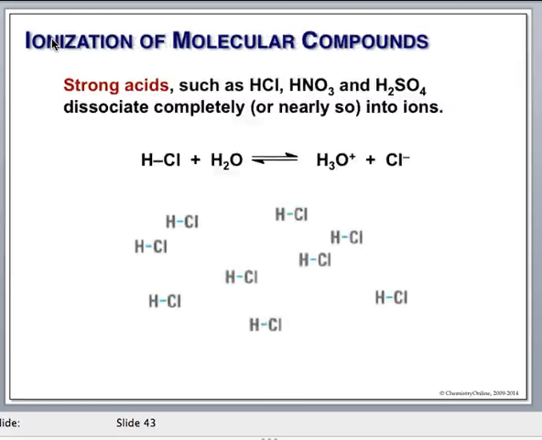The process of going forward is very, very, very fast. The process of going back is very, very slow. So that means that once you make these things, they stick around. Virtually all the HCl winds up as hydronium and chloride.